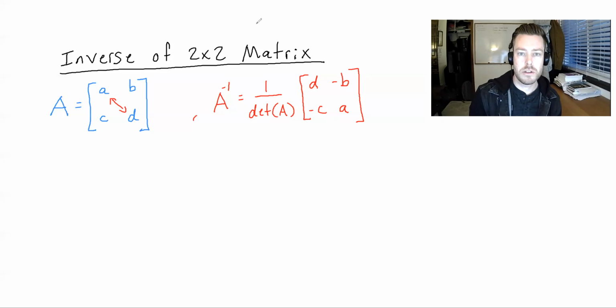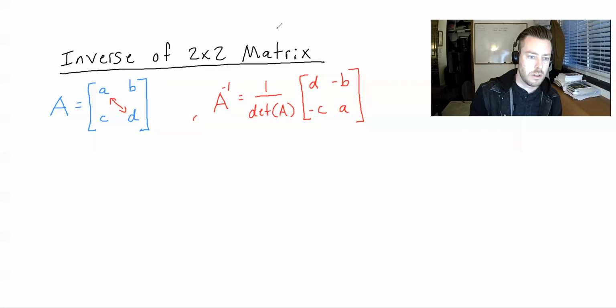What is more concerning to a lot of people is the determinant of A, the determinant of a matrix. A lot of people don't understand necessarily what that is. So a determinant of a matrix is just a very special number, and it gives different properties in the matrix. Not too bad, not too hard to find, especially on a matrix like this.